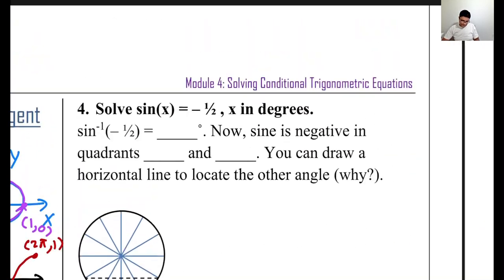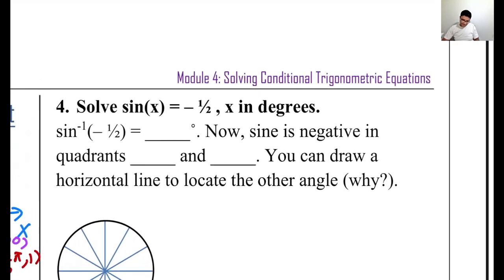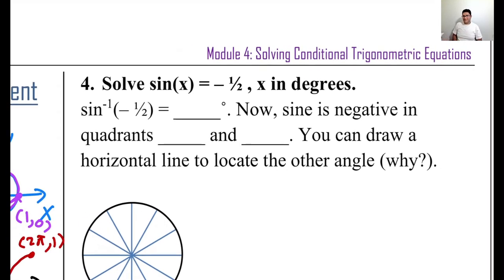All right, let us solve some basic sine equations. Say you have sine x equals minus half, and x is in degrees. Now when do I get sine x equals minus half? In the first quadrant, sine is positive.